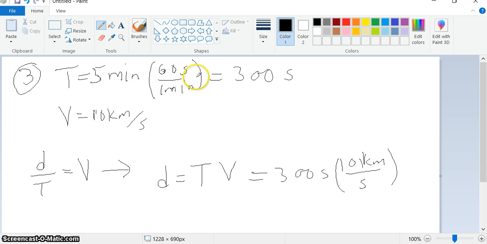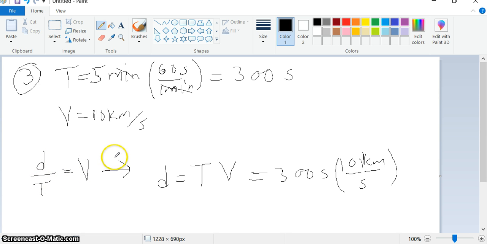Of course, you're going to have to change that to seconds. In 1 minute there's 60 seconds, so the minutes cancel, and 5 times 60 is 300 seconds. And so we have this basic equation: velocity is distance divided by time, as long as there's no acceleration.